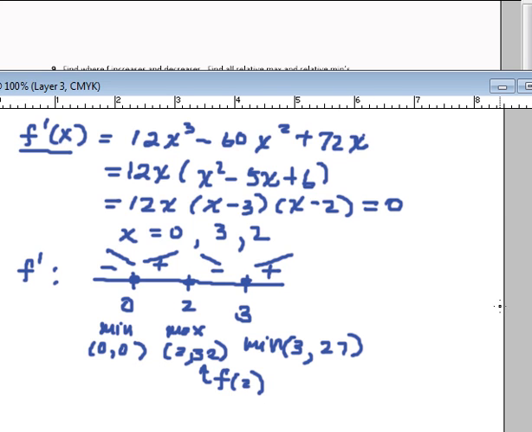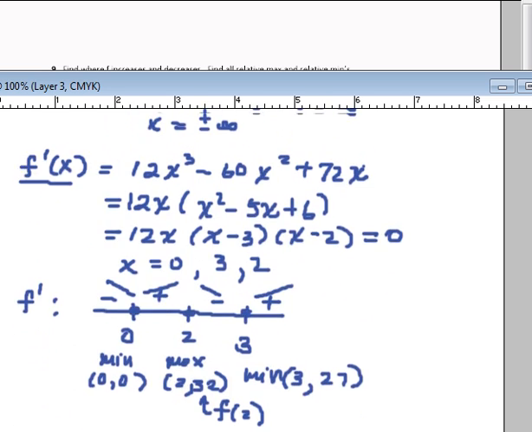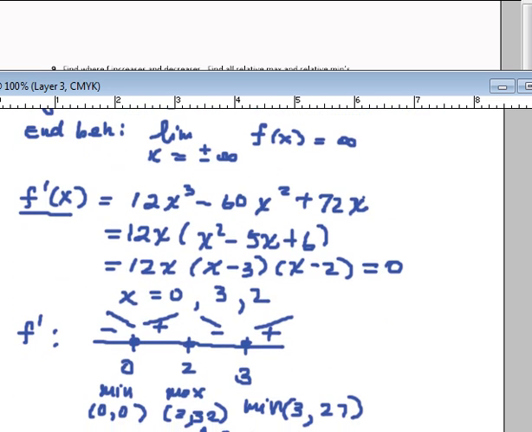Now let's look at our second derivative, f double prime of x. Go back to the unfactored form of f prime. Maybe we'll just factor out the 12.